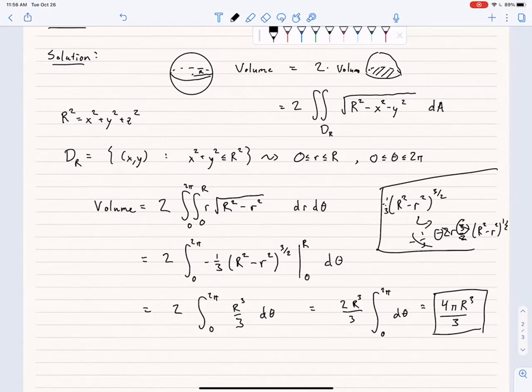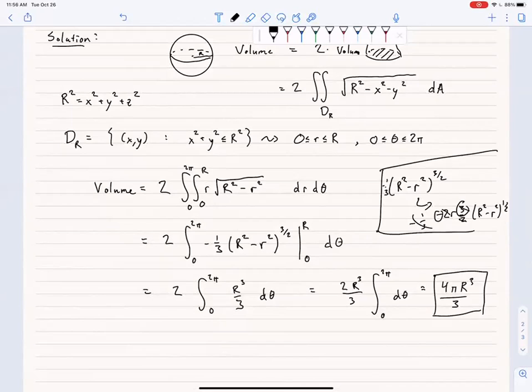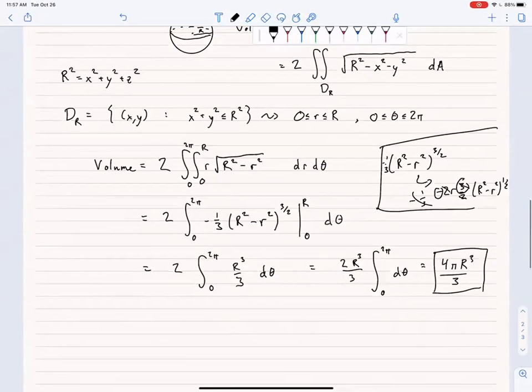It's just a u substitution. If you want, you can take u to be r squared, or u equal to capital R squared minus r squared, either one.